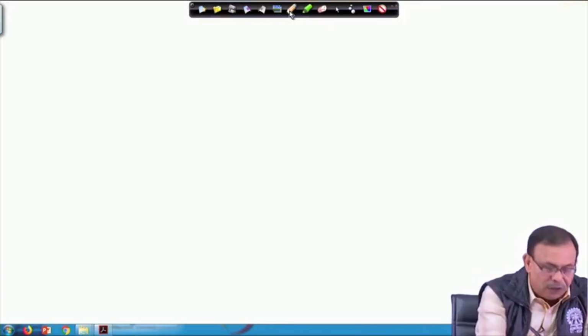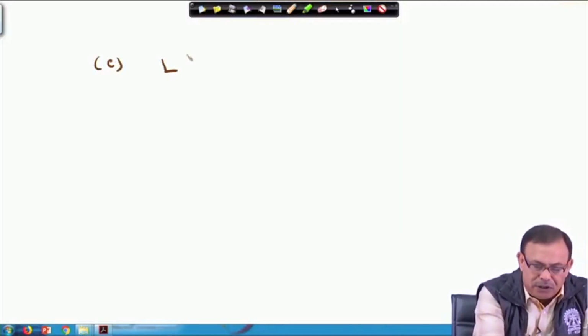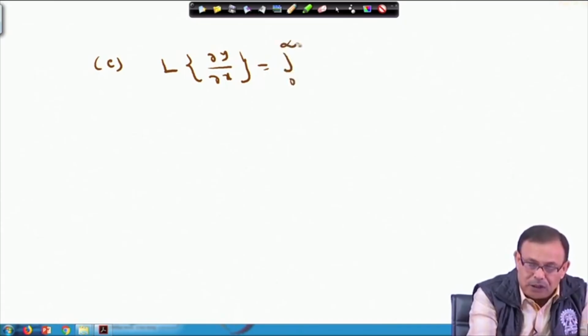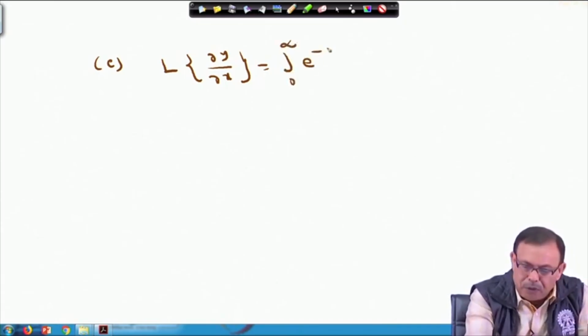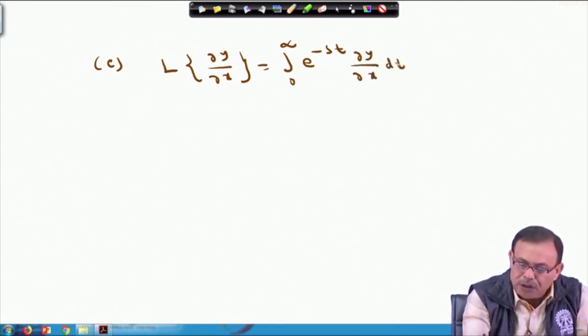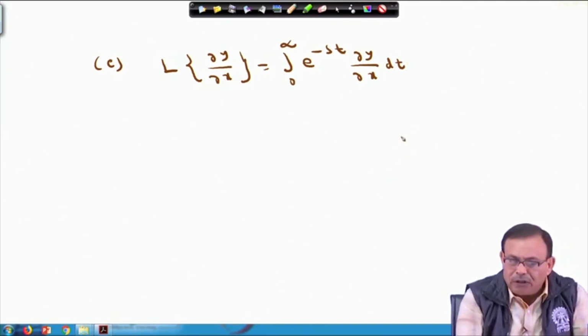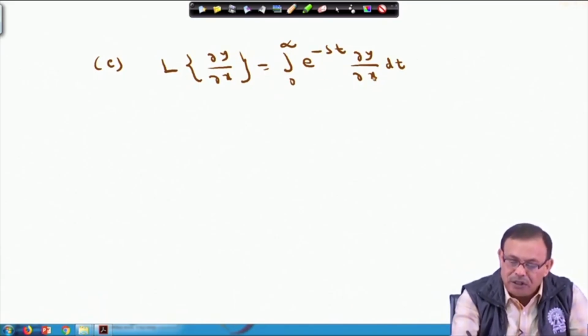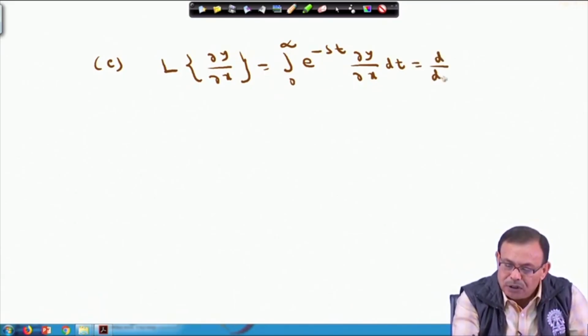For the third one, that is the C part, these are very easy. The Laplace transform of del y del x equals the integral from 0 to infinity of e power minus s t into del y del x into dt. Here e power minus s t is a function of t only, so I can bring del x outside as d dx, because this will be simply a function of s.